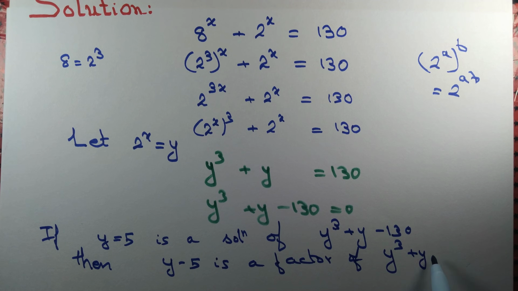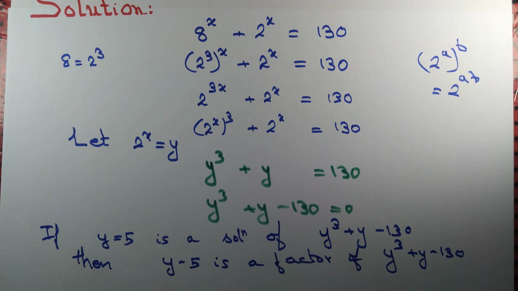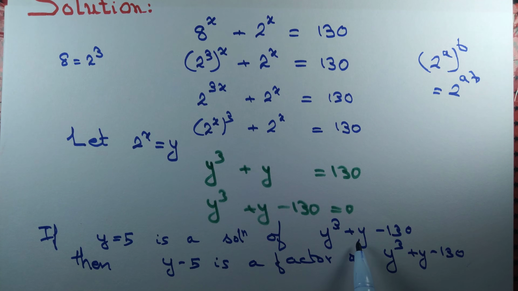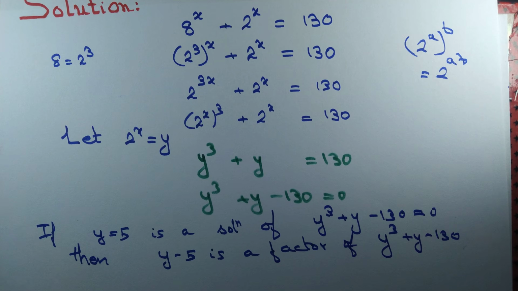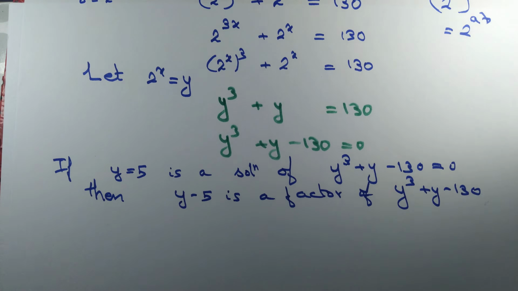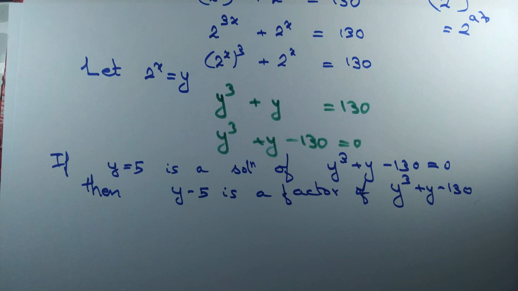If x equal to a is a solution of the polynomial f(x) equal to 0, then x minus a is a factor of the polynomial f(x). So we apply that result and we want to factorize it.